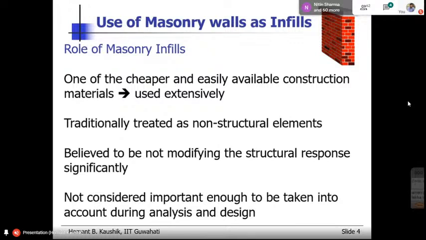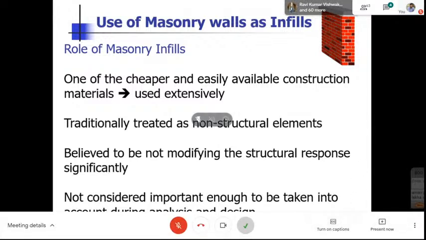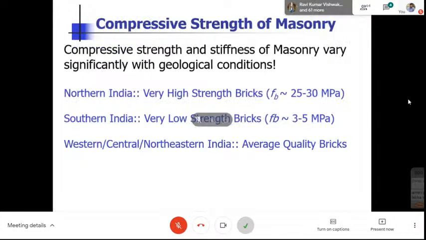We consider the weight of these walls on the beams, but we don't consider their stiffness, so we don't consider their strength. We consider their mass because in our dead load calculations, all the loads will come, and this wall is imparting that load to the beam. So that is considered. But since we don't know how to consider the stiffness and the strength, we don't bother about it.